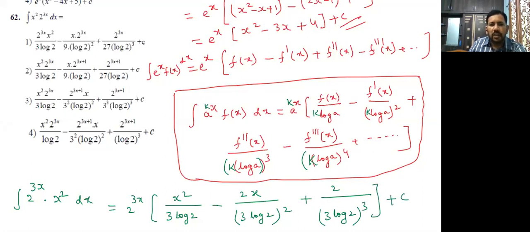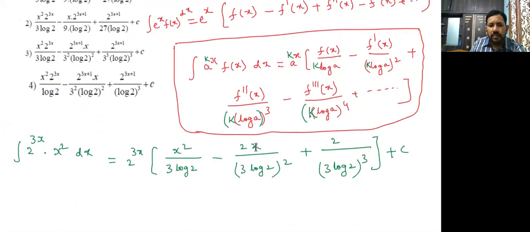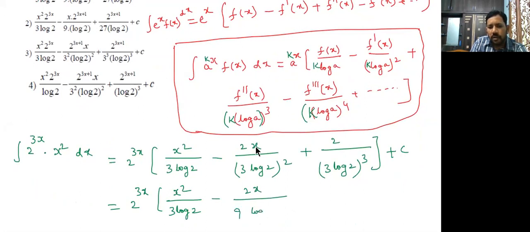By using that formula, we have simplified. Or you can follow the Euler method also, where you do the integration 2-3 times. 2 power 3x, x square by 3 log 2, minus 2x by 9 into log 2 whole square, plus 2 by 3 cube, that is 27, log 2 whole cube, plus c.